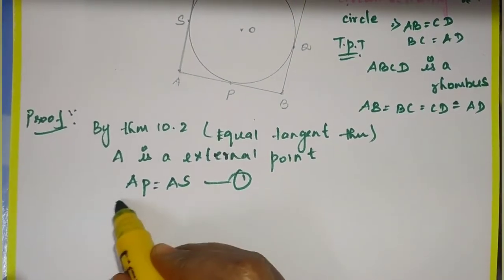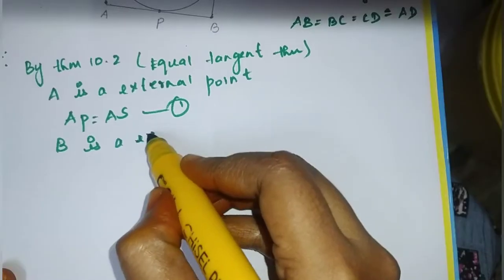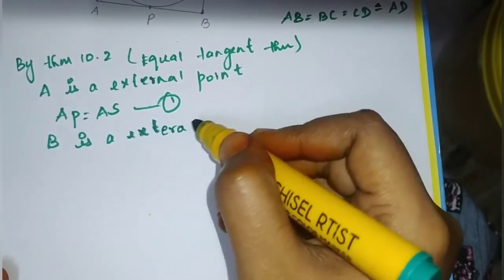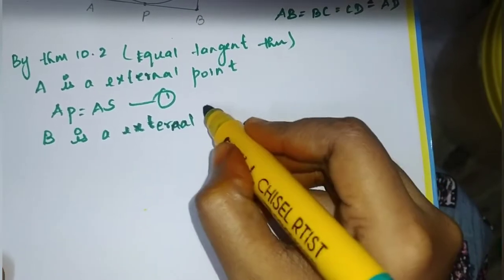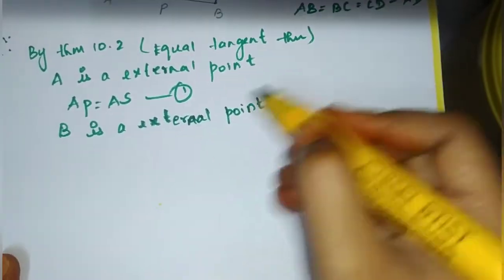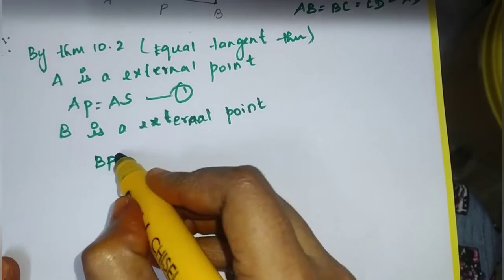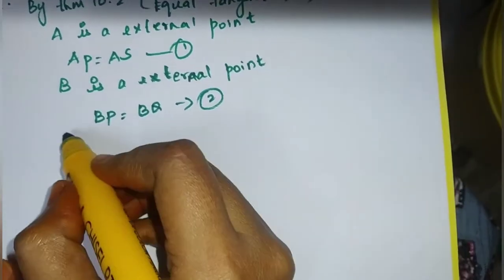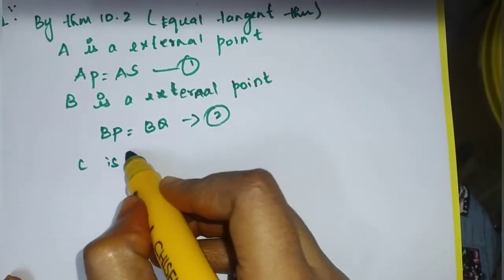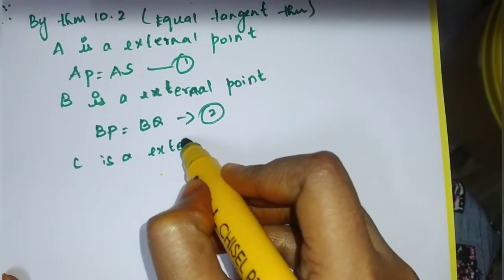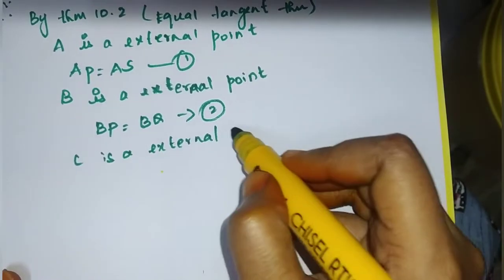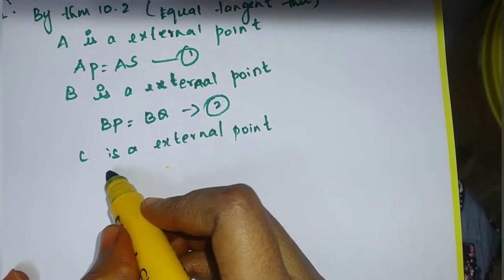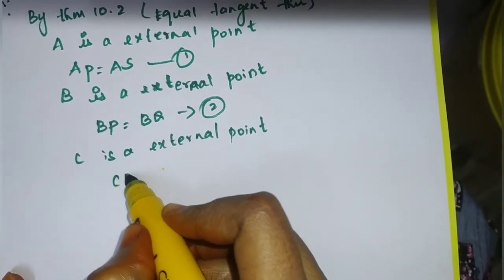And B is an external point. Then we can tell that BP is equal to BQ. Next, C is the external point. Then we can tell CR is equal to CQ.